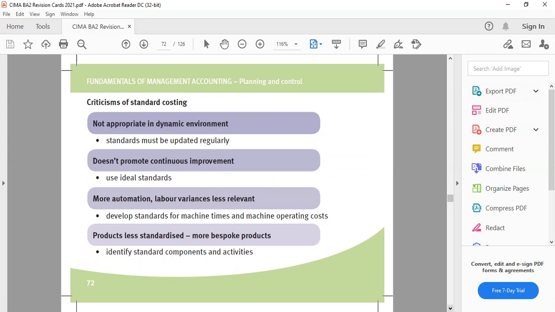It is not appropriate in a dynamic environment. See, the standard is decided in advance, and when the actual things take place, after it is already spent or earned, it is verified with what was decided as a part of the planning, as a part of deciding the standard cost.